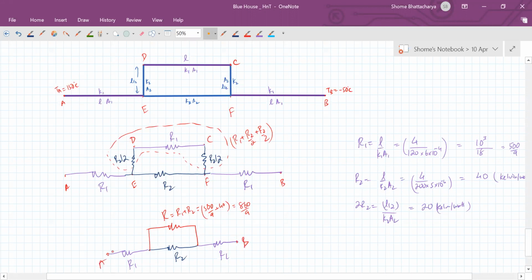Okay. So whatever current I is over here, same current I would be here. And if this current is splitting here into some current I1 and I2, so this current is again splitting into I1 and I2 over here.